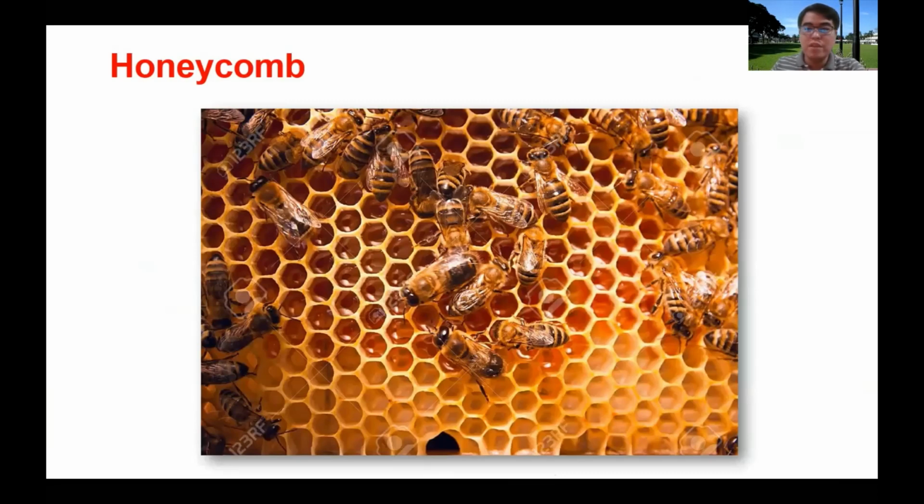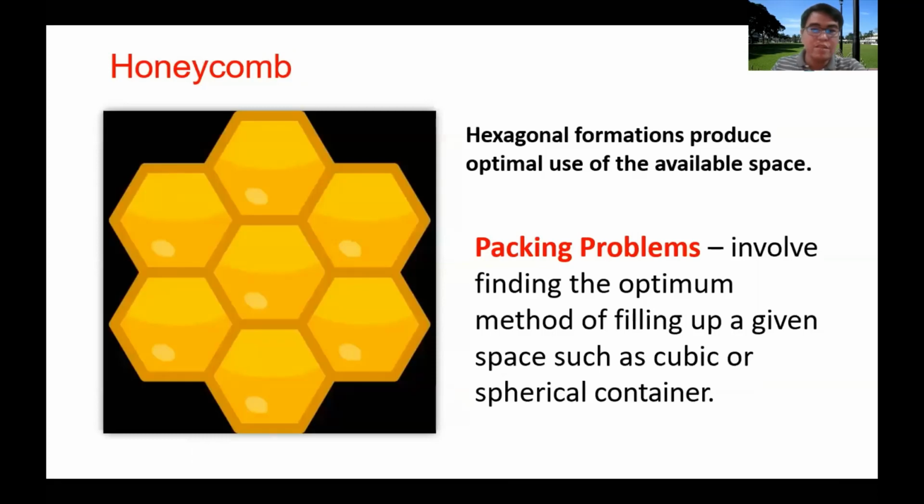The honeycomb is one of the unique shapes found in nature. Why unique? Because the hexagonal formations of the honeycomb produce optimal use of available space. The packing problem is the problem being shown to us today.